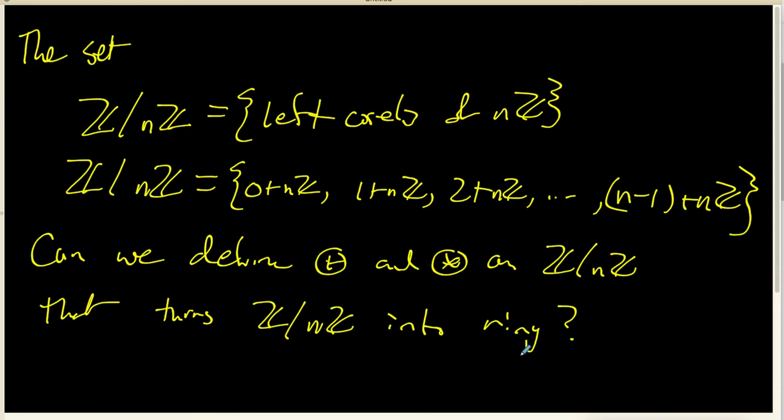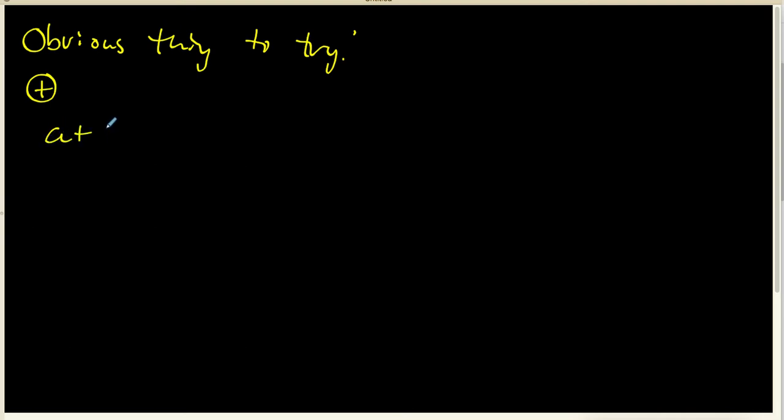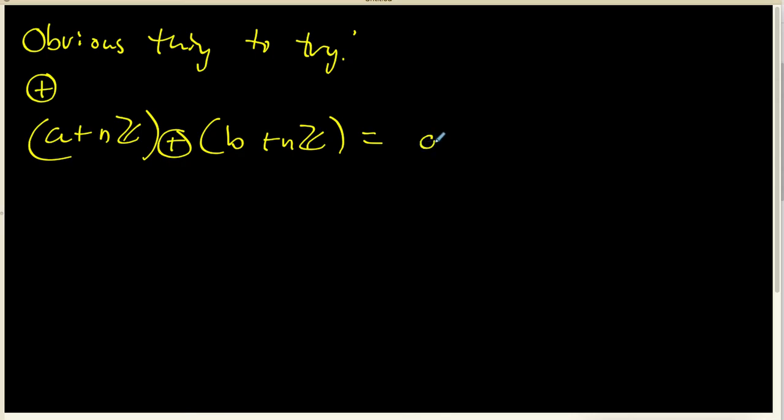Now, I don't want to get overly involved in trying to do something really strange, so we're going to look at the obvious things to try. The obvious thing to try for the addition is to look at the left coset a plus nZ, and add to that b plus nZ, and see if we could write that simply as a plus b plus nZ.